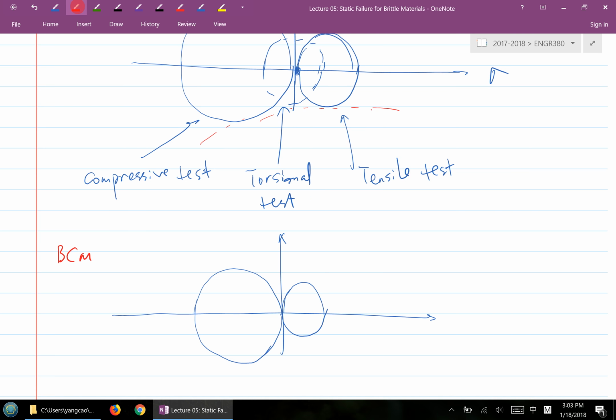We create an envelope by drawing 2 tangent lines across these circles here. So BCM takes a really easy route: just draw 2 tangent lines for the envelope. So that is the failure envelope right here.